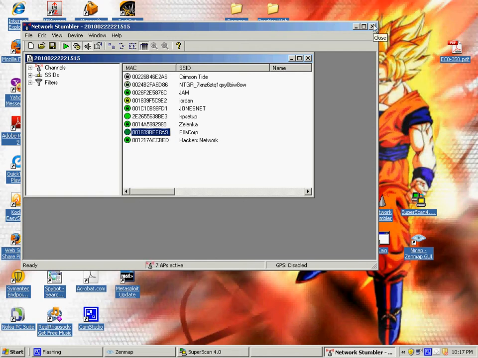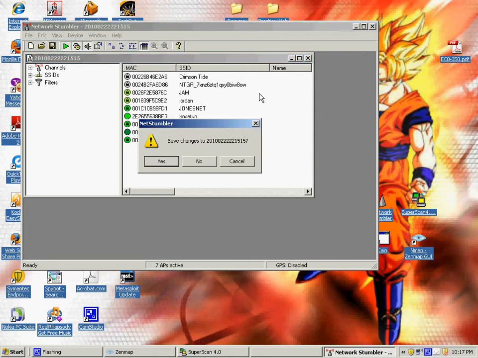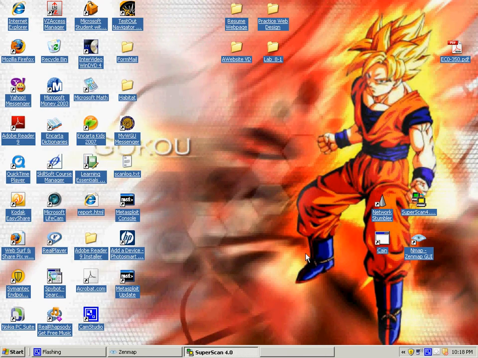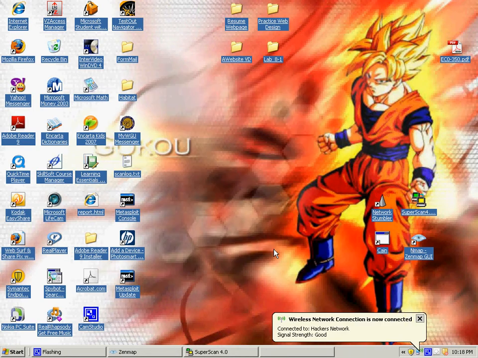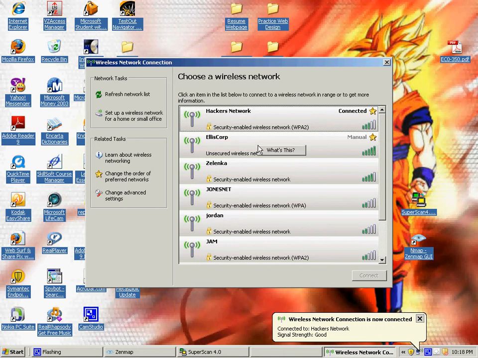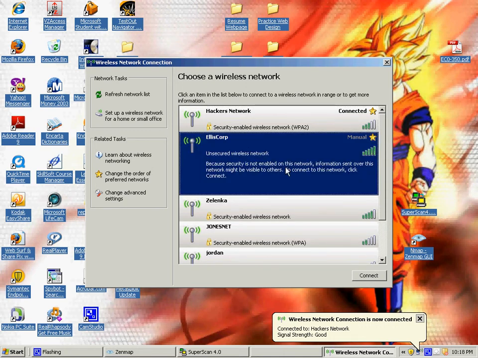Here, all I have to do is connect to Elliscore. Acquiring an address right now, we see. Alright, and we are connected to Elliscore.